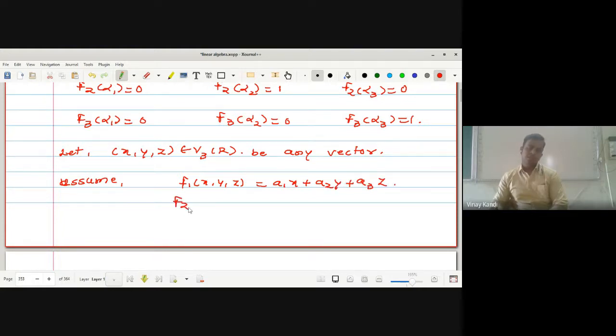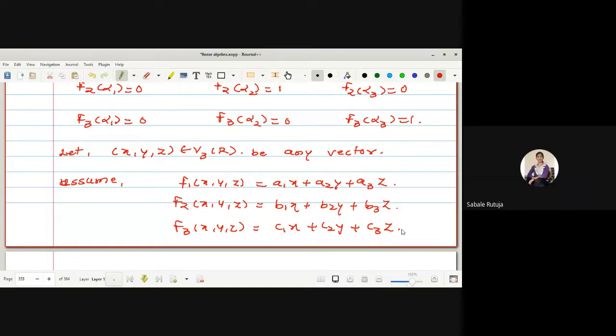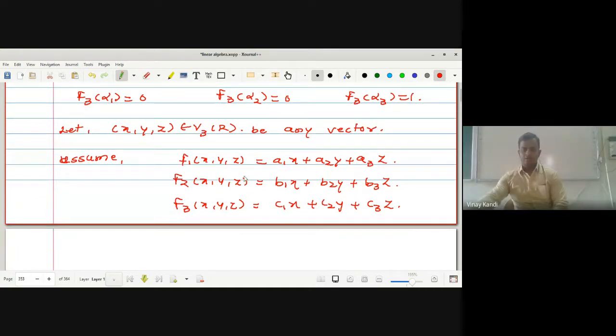And f2 is again a linear functional, f2 of (x, y, z) is equal to b1x plus b2y plus b3z, and f3 of (x, y, z) is equal to c1x plus c2y plus c3z. Any doubt up to here? No, sir.